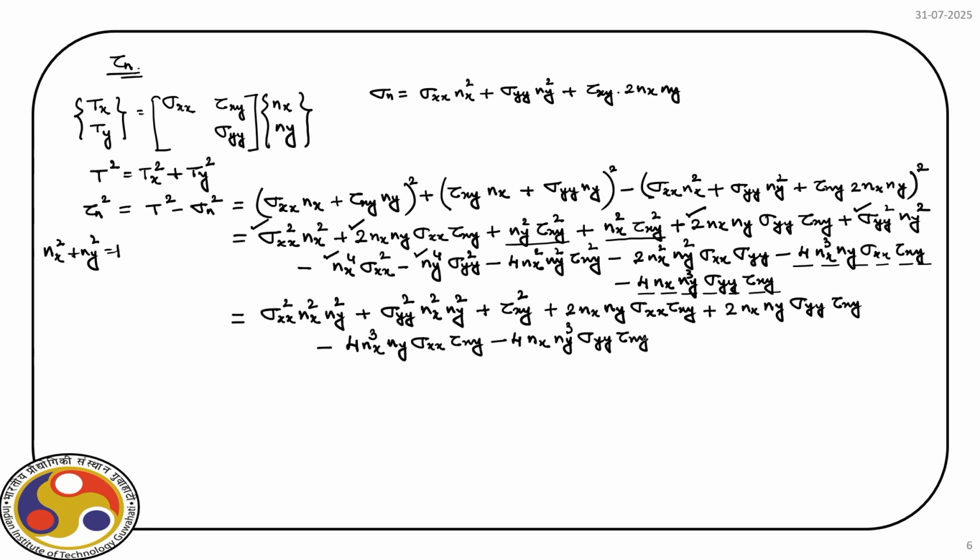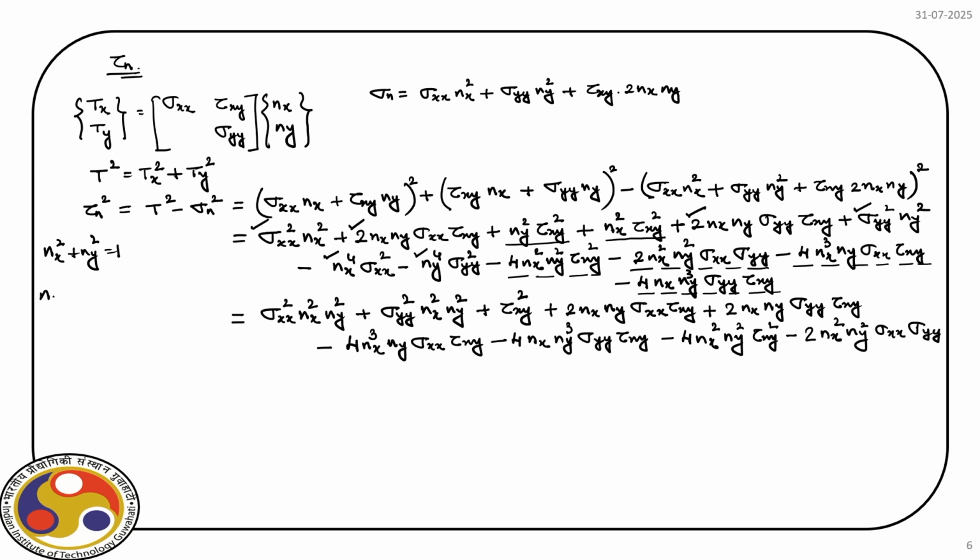And the remaining terms we have is this one here and the next term. So, let us write it down, minus 4 nx square ny square tau xy square, minus twice nx square ny square sigma xx sigma yy. So, this is the last term we have considered, right.